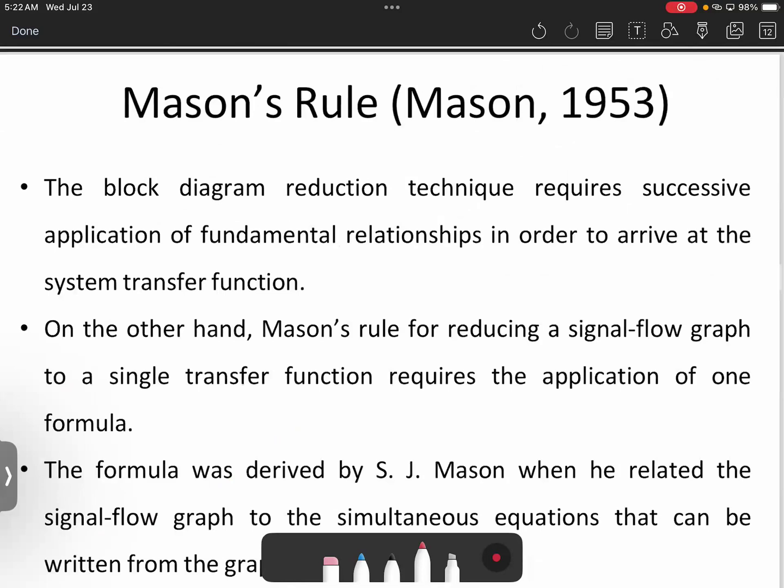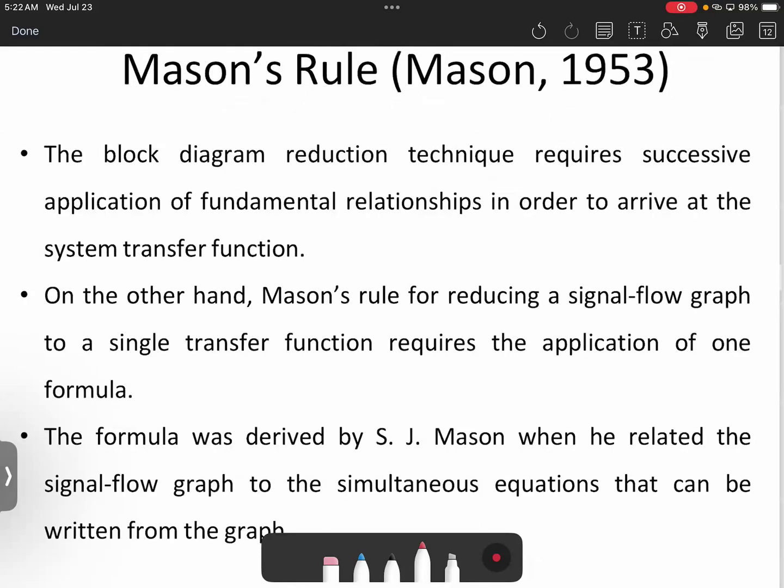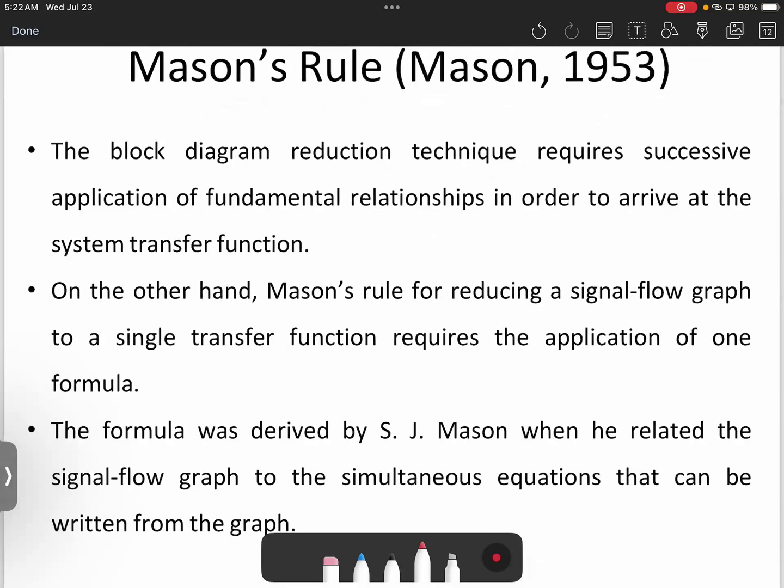The next thing is let's discuss the most important thing in SFG, signal flow graph, which is a way of simplifying block diagrams by converting the block diagram into a signal flow graph. After that, we will simplify it to get the transfer function.